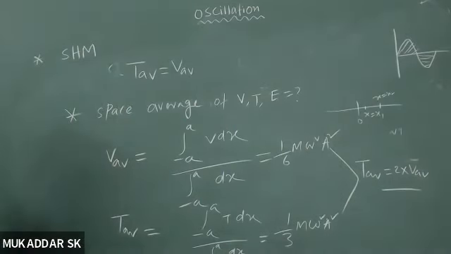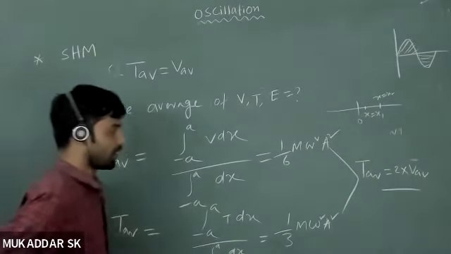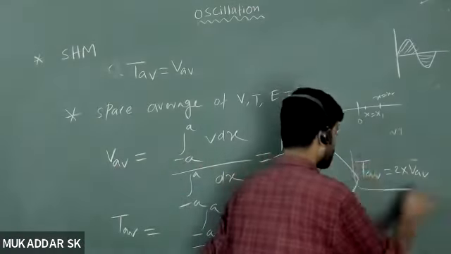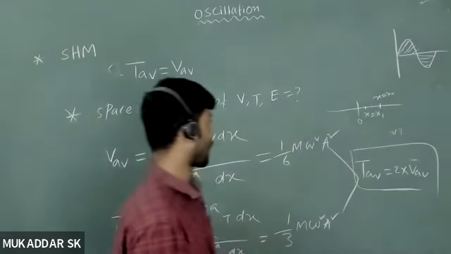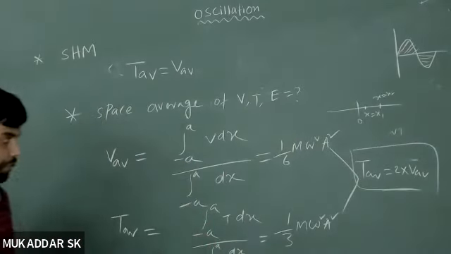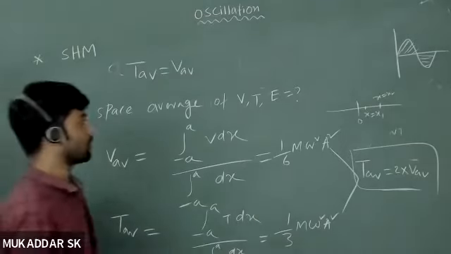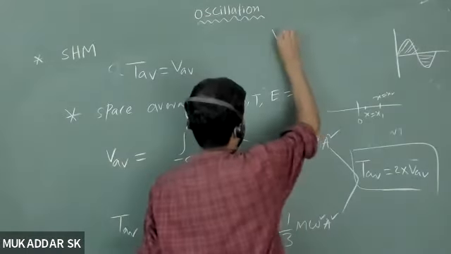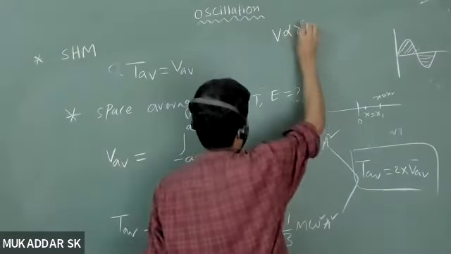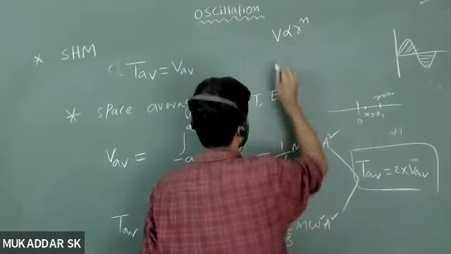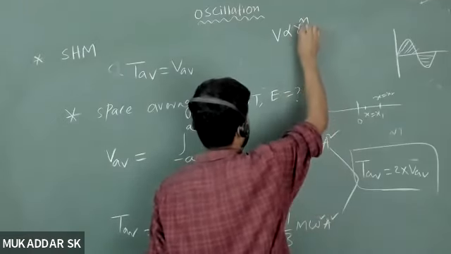And I must tell you that when you are doing that space average, it is basically violating the Virial theorem. Do you remember the Virial theorem? Anyone? Suppose V is a function of r to the power n, then you used to write these things. This is really important for your competitive exam.